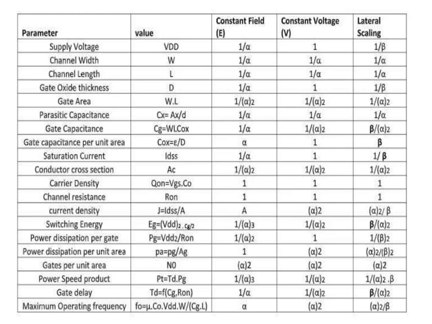In a snapshot, this is the supply voltage VDD. Now note here, for constant field scaling and constant voltage scaling, there is no factor of beta.